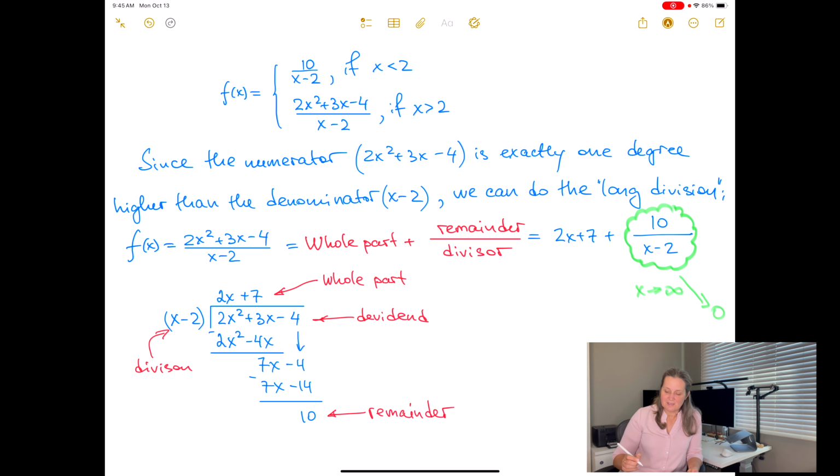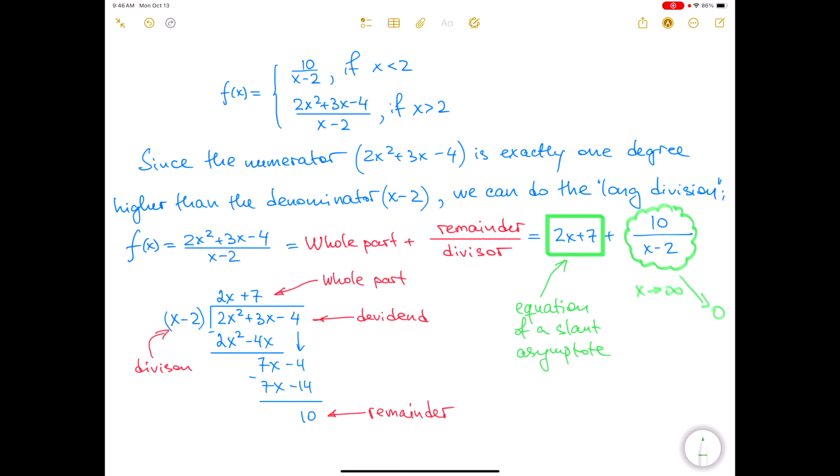We can see that as x goes to infinity, our function f of x tries to behave as the line 2x plus 7, because the gap between the function and 2x plus 7 is equal to the remainder divided by the divisor, 10 over x minus 2. That gap goes to 0 as x goes to infinity.